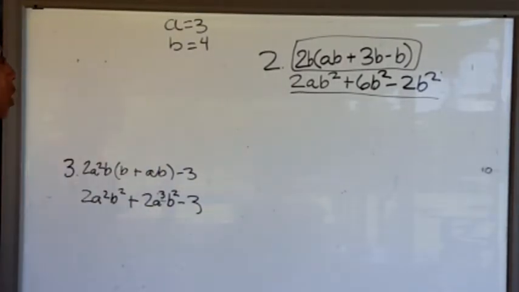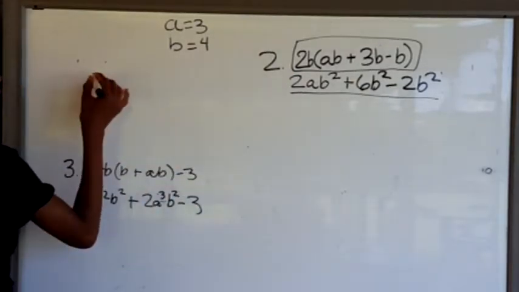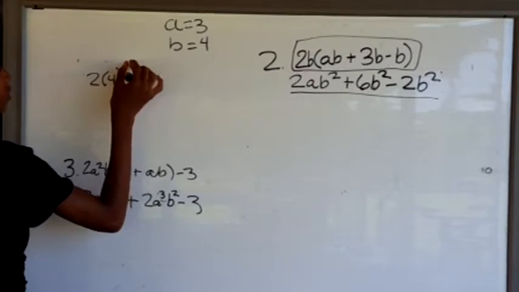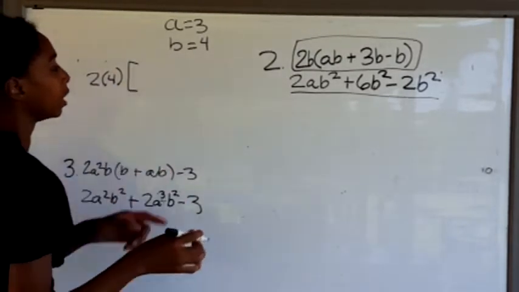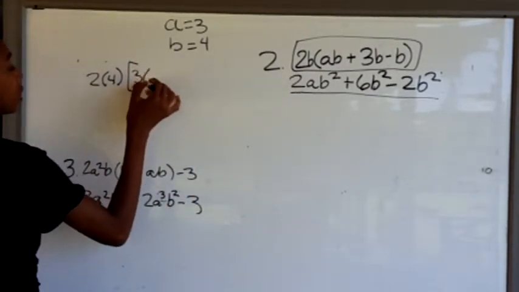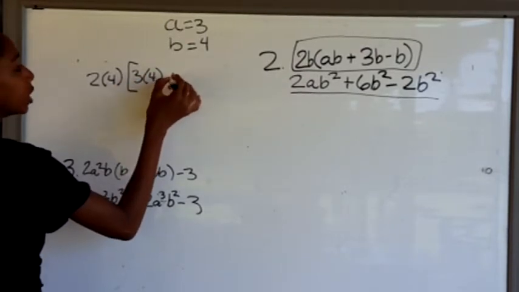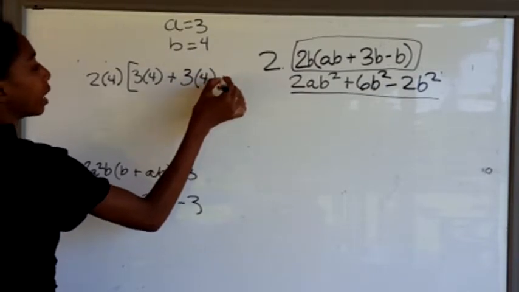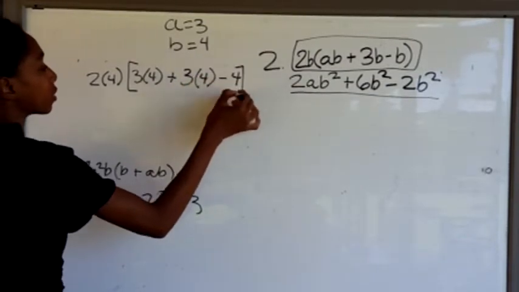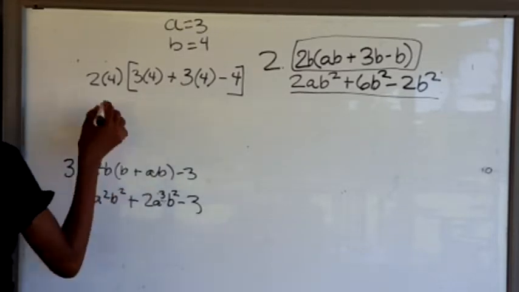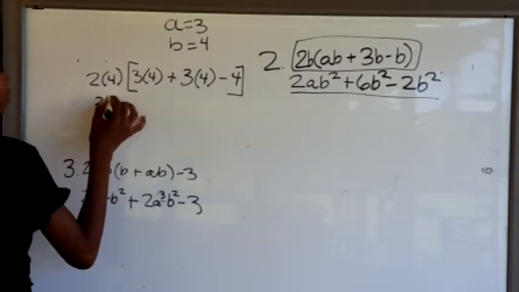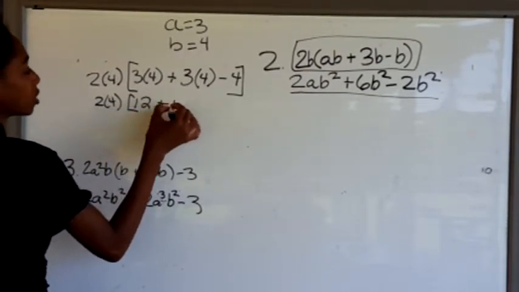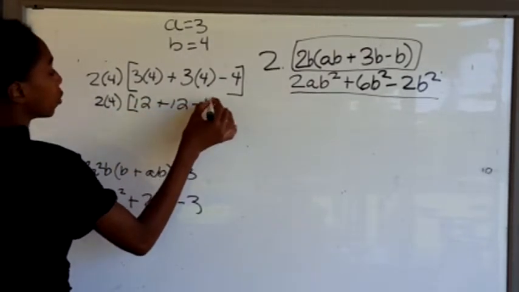So starting on this one, we have 2B, so we'll rewrite that as 2 times 4, and then we have AB, so 3 times 4 plus 3 times 4 minus 4. Alright, so we'll start in our parentheses, which brings us to 12 plus 12 minus 4.